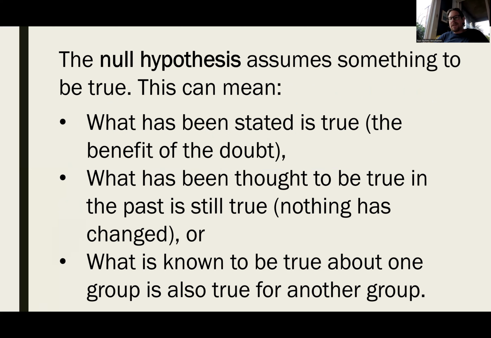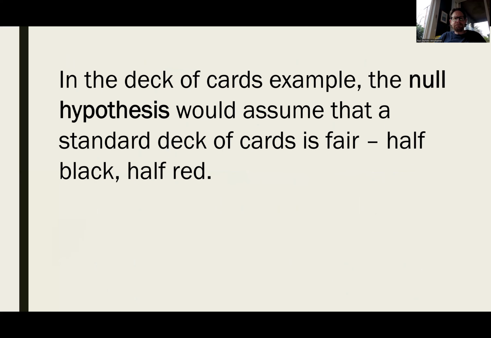So it basically assumes nothing's strange, nothing's different, nothing's off. Like what has been stated to be true is true. What's thought to be true in the past is still true, or what's known about one group to be true, you assume that's true about another group. And you'll see all these scenarios in different problems.